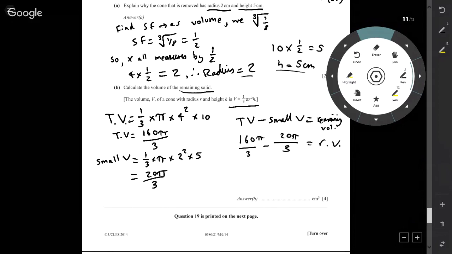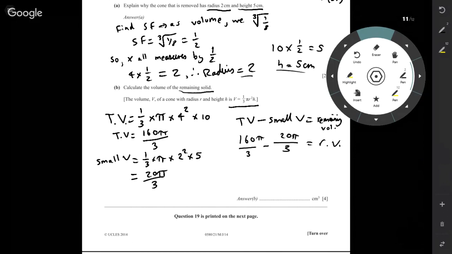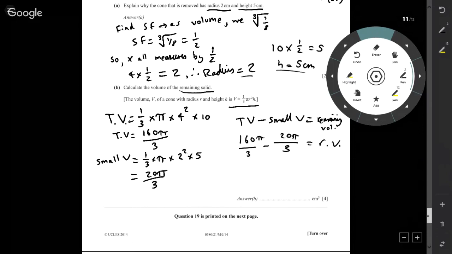If you just simply type that into your calculator, it's a lot simpler. And then that becomes 140 pi over 3, which equals 146.6 centimeters cubed as the remaining volume.